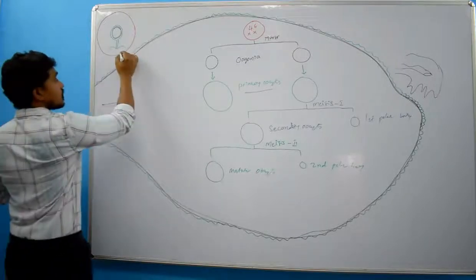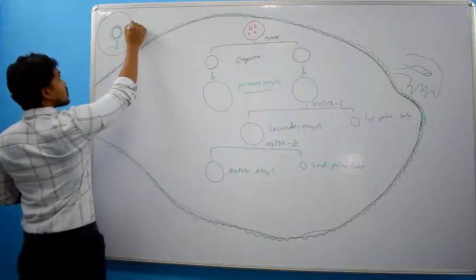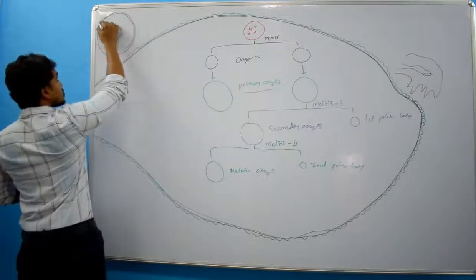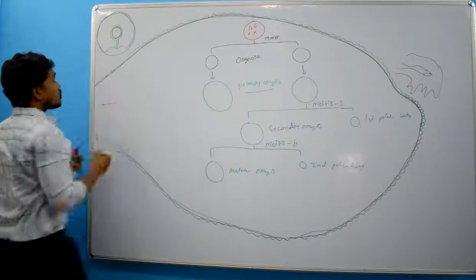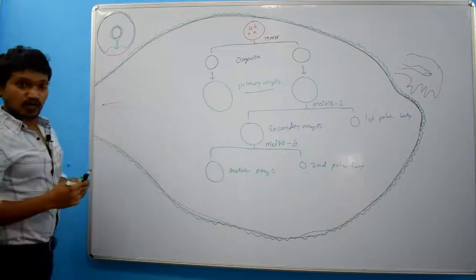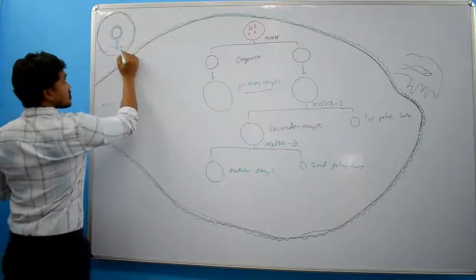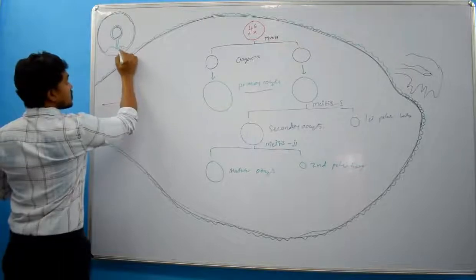These two bulgings or elevations we call gonadal ridge. This gonadal ridge proliferates to form cords. These cords we call sex cords.